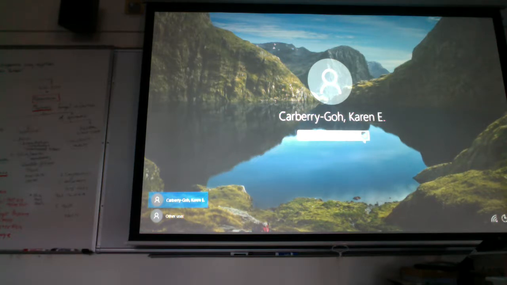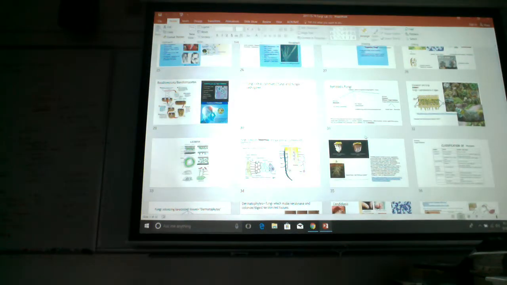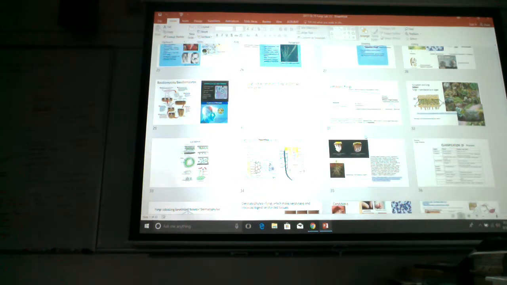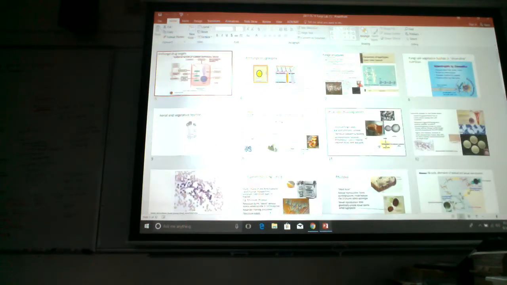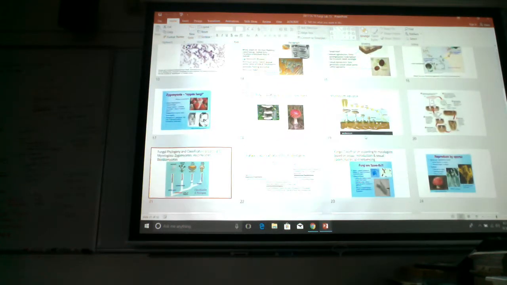So the next one we're going to go to, folks, again, it's a fungus living in symbiosis. Can't quite figure out why I can't get my pointer in here. So odd. Okay. The mysteries of computers.